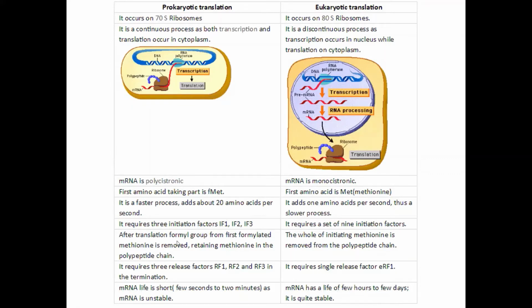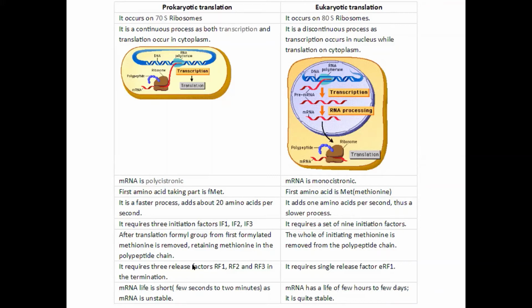After translation, the formyl group attached to the first methionine is removed. Here, in eukaryotic cells, most of the time the entire methionine is removed; the initiating methionine is removed from the polypeptide chain.